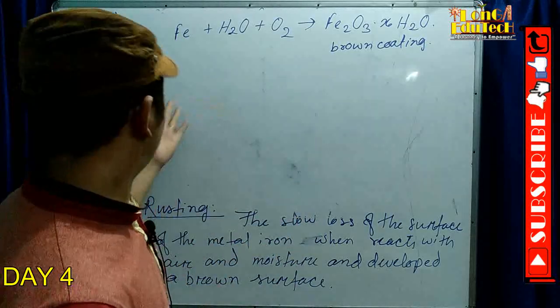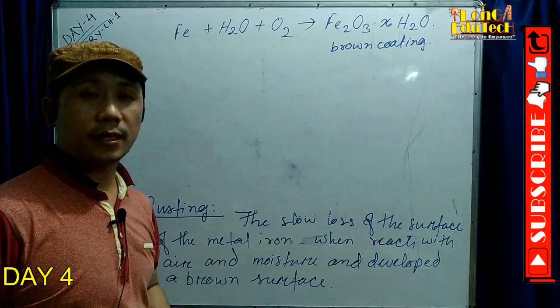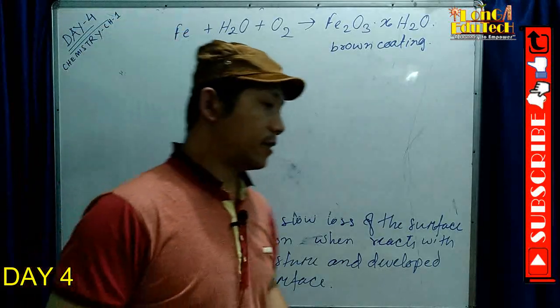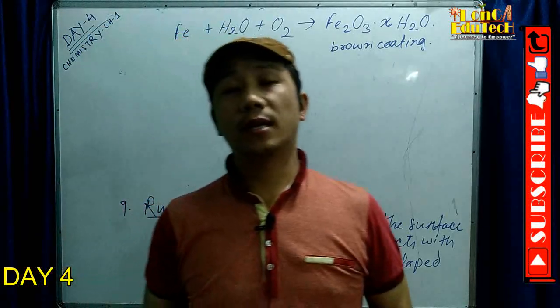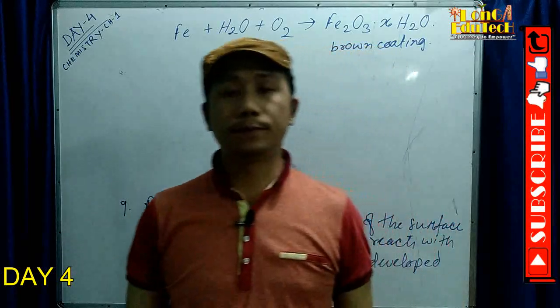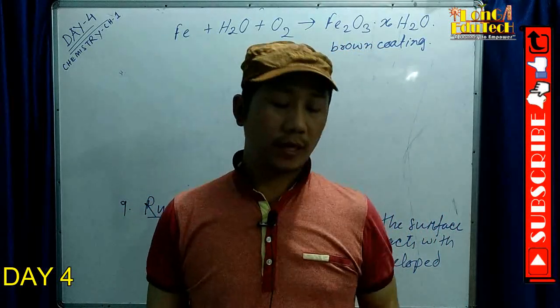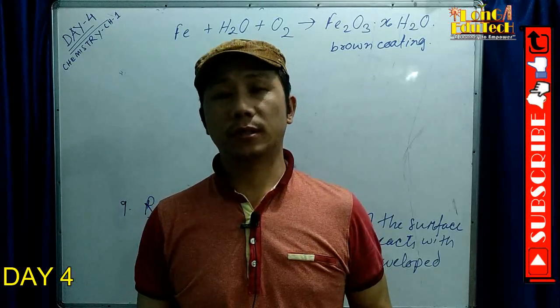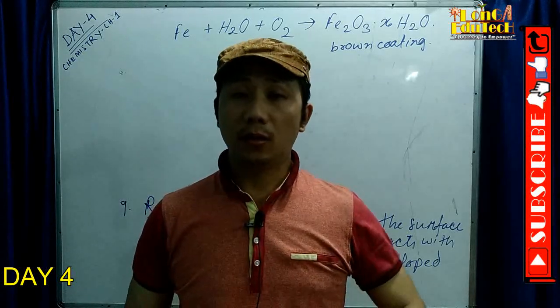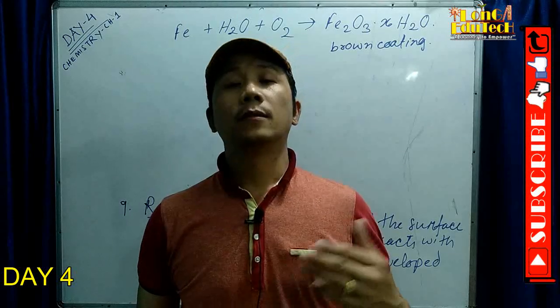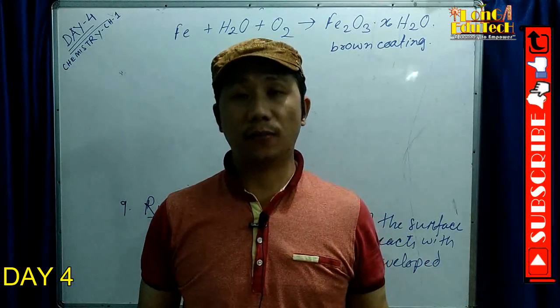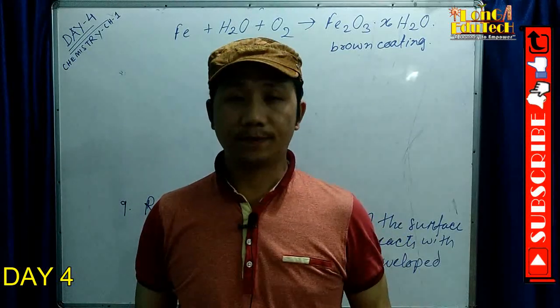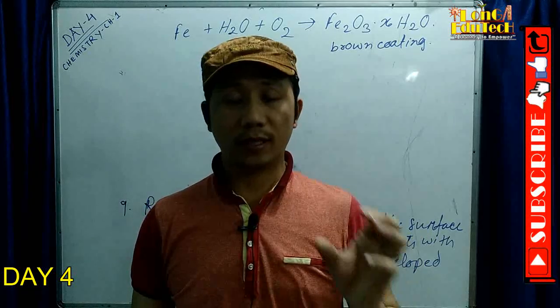So this is all about corrosion and rusting, and we need to prevent rusting. Do you think rusting is good? No, rusting is not good. Millions of tons of iron are lost due to corrosion, and they are lost only. We cannot make iron back again from rusted iron, that is the brown coating on its surface.